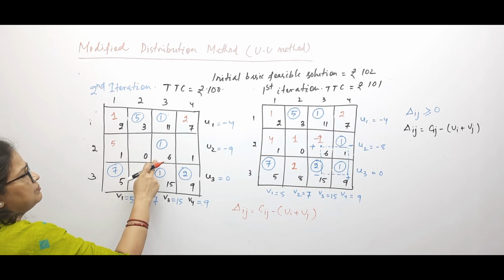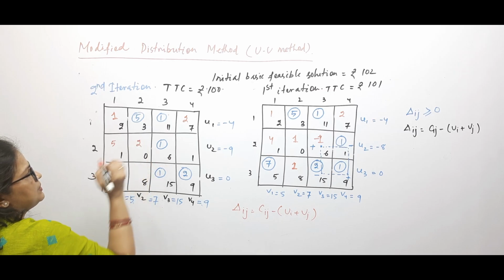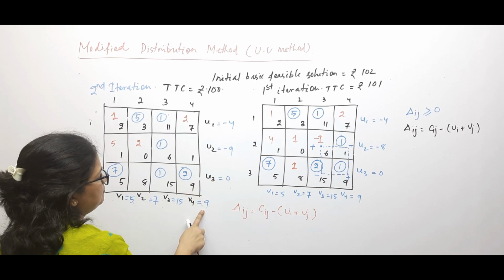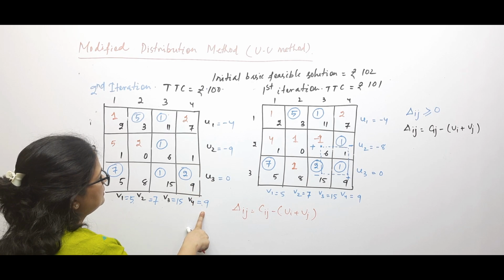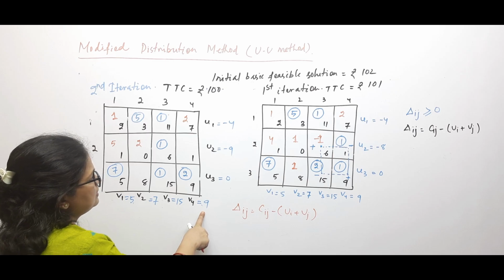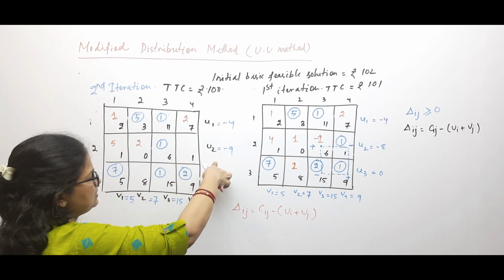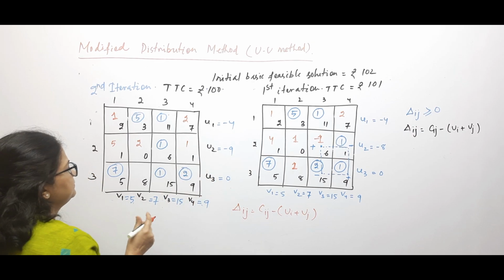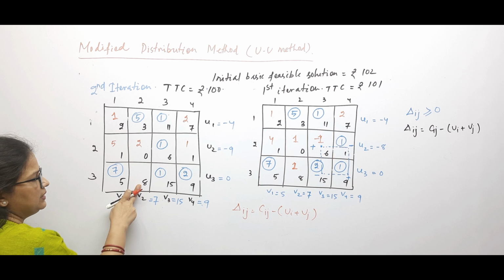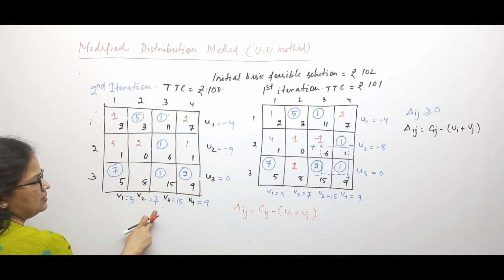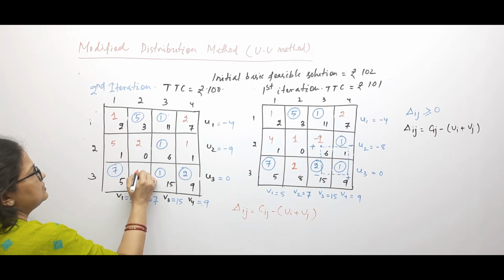So 0 minus minus 2, this is plus 2. Here minus 9 plus 9 is 0. So 1 minus 0 is 1. For this we need to calculate. First we need to add this one. 0 plus 7 is 7. 8 minus 7 is 1.